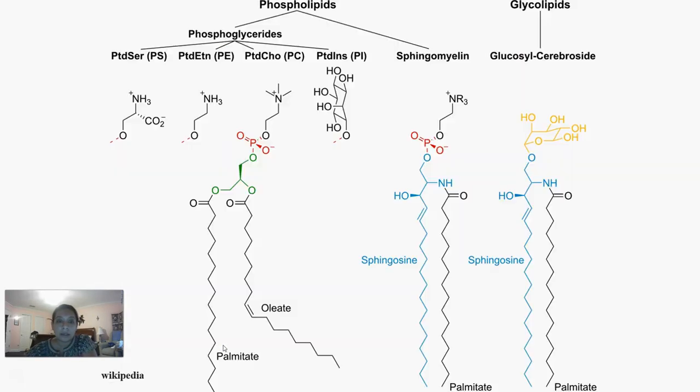Now, one thing I would like to mention is, again, these hydrophobic tails can be fully saturated or unsaturated or a mixture of both. A cell membrane from a particular cell or a particular animal or a particular structure doesn't all have to be the same composition of saturated or unsaturated lipids.